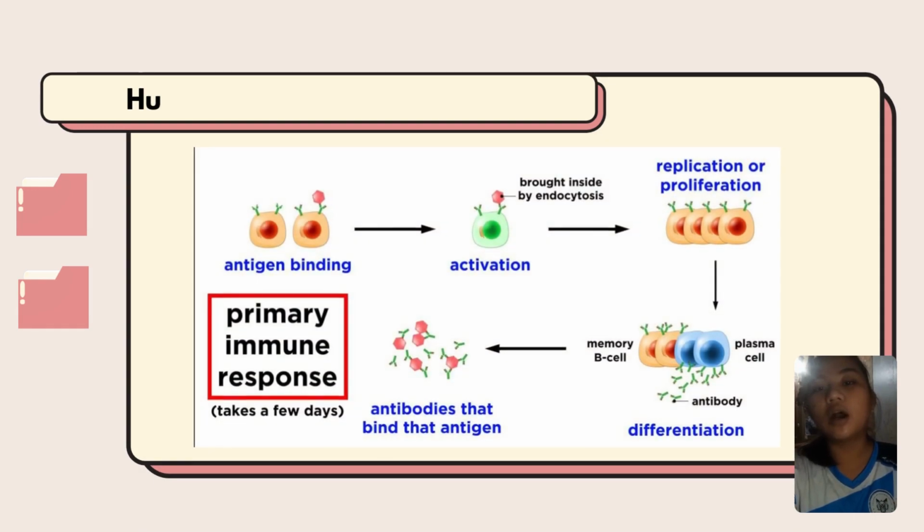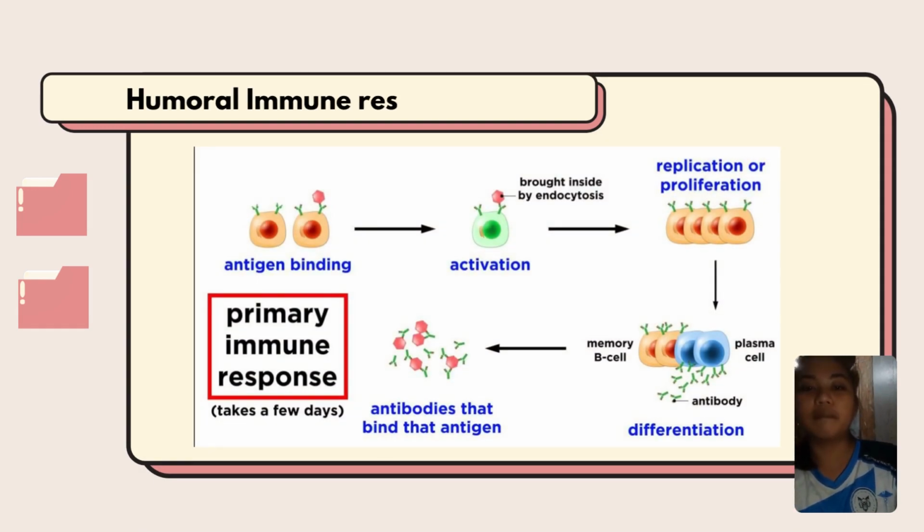So now let's talk about the two types of adaptive immune response. There is the humoral immune response and the cellular immune response. The humoral immune response occurs when a naive B cell encounters its antigen, which causes endocytosis followed by proliferation and differentiation into plasma cells.